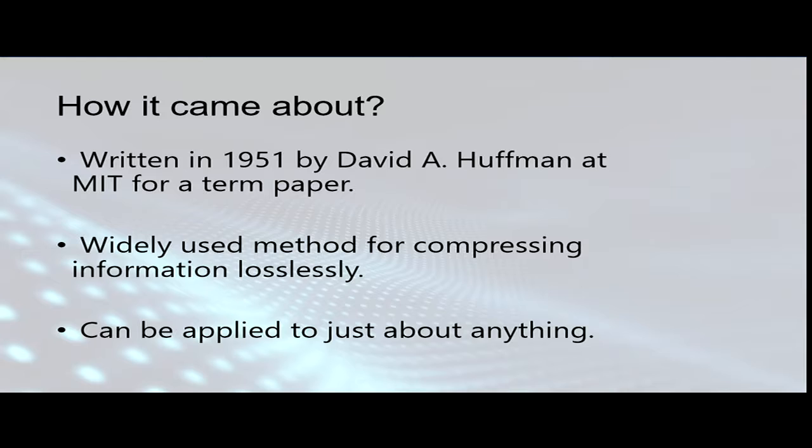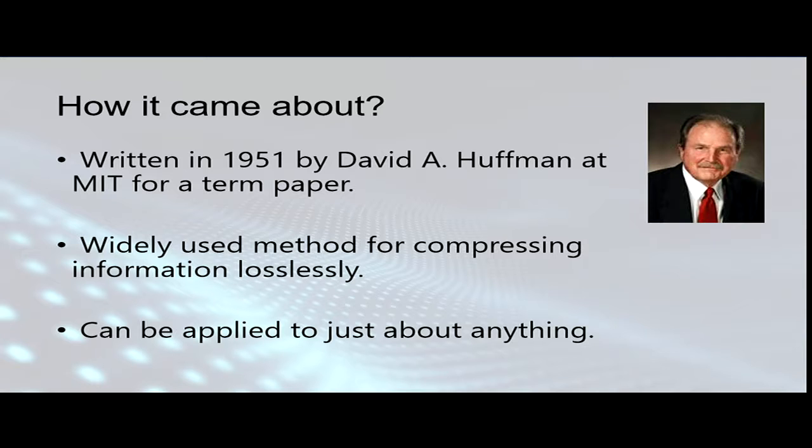From 1951 up till today, it is still the most commonly used method of lossless data compression. This algorithm can be applied to almost anything. That's a picture of him.